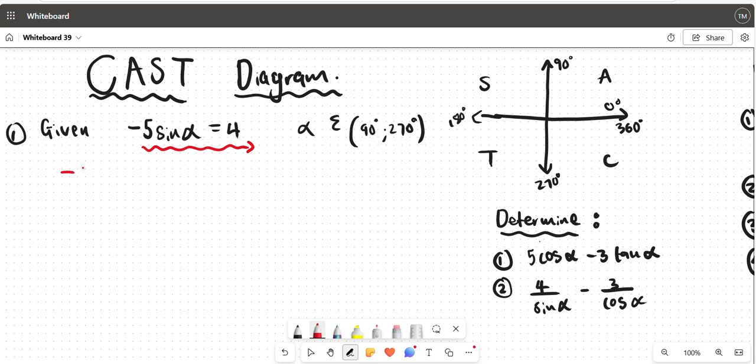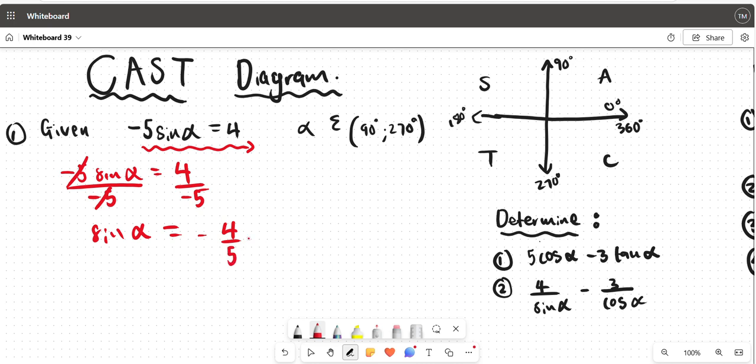This is quite easy. At this point, we have negative sine alpha is equal to 4. The only thing we need to do is divide by negative 5 on both sides, and so sine alpha is equal to negative 4 over 5.